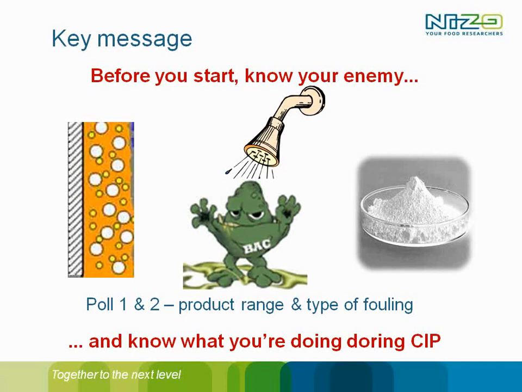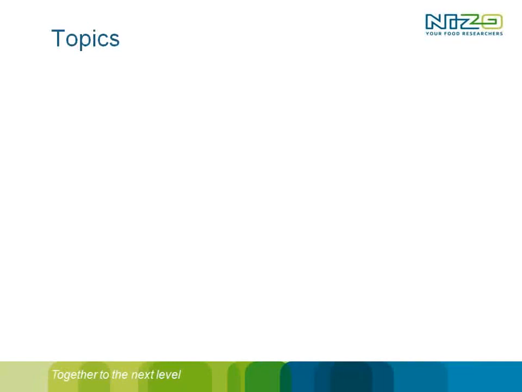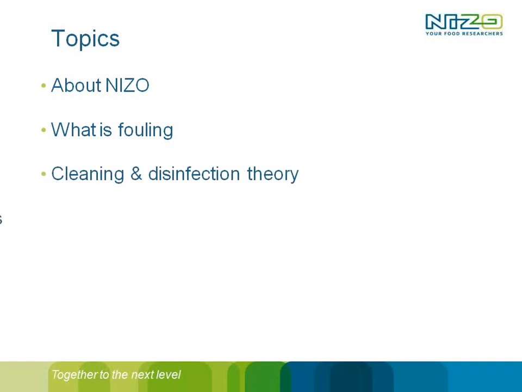So keep this in mind, it will be something to take home when we finish this webinar. The topics we would like to discuss are the following. First of all, I will tell you very briefly who NIZO is, what we do and our way of working. I will then give a very short explanation of what types of fouling we have, what fouling actually is, something about cleaning and disinfection theory: how should we clean, what type of agents should we use, is disinfection really necessary?